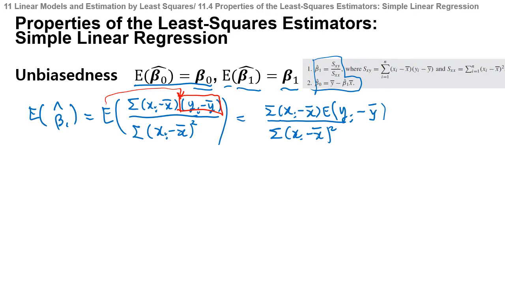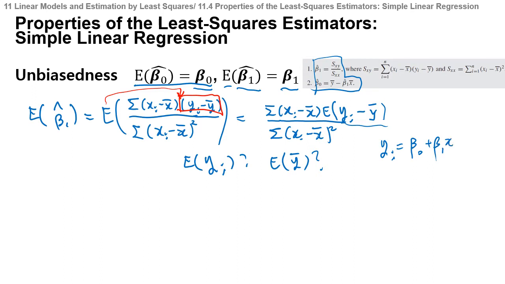So here what we would like to check is the expected value of yi and the expected value of y bar. That's what we need to know. What we know is that yi is, in reality, beta 0 plus beta 1 xi plus epsilon i.